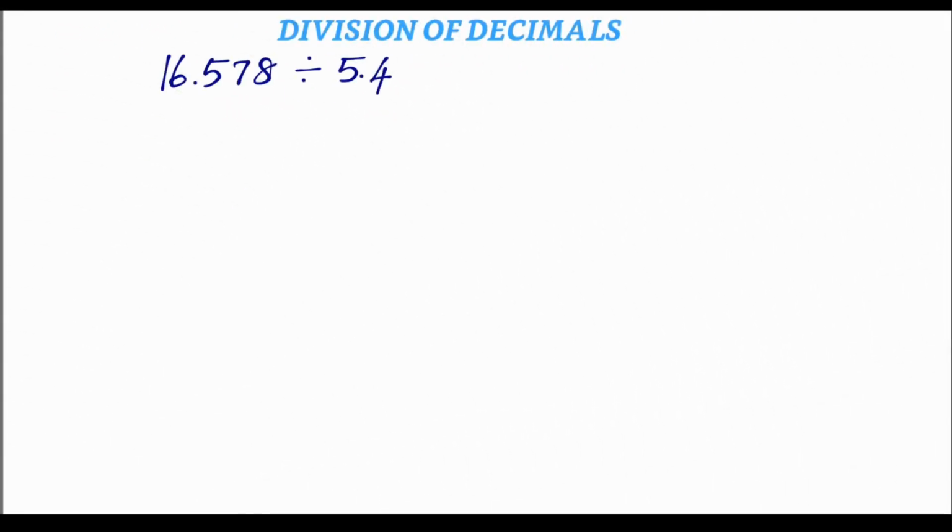In this example, we are going to follow the steps we have studied so far. The first step is to make the divisor a natural number. So we are going to make 5.4 as 54.